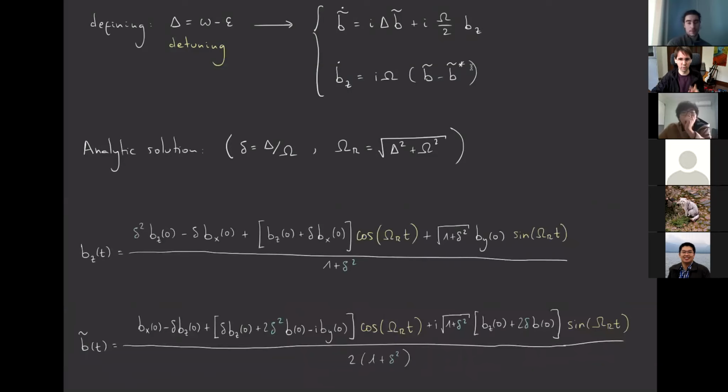And I want you to focus only on two things. So first of all, both B set, so the populations, the excited state population and the ground state population, and this B variable, both of them oscillate with cosines and sines that have this frequency omega r, okay? So this oscillation, in particular the oscillation of the populations between the excited and the ground state, we call Rabi oscillations.